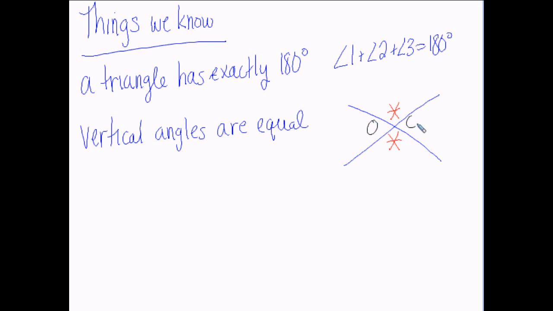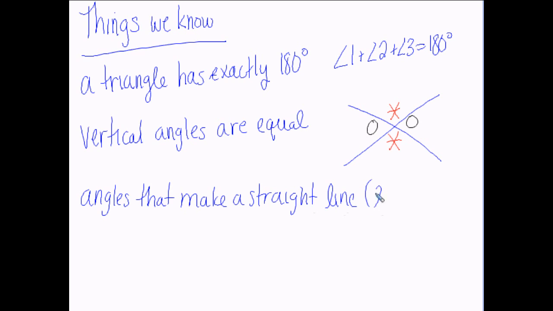And this angle will be the same as this angle. So we know that angles across from each other being made by two straight lines will be equal. We know that angles that make a straight line, so a linear pair, add up to 180.